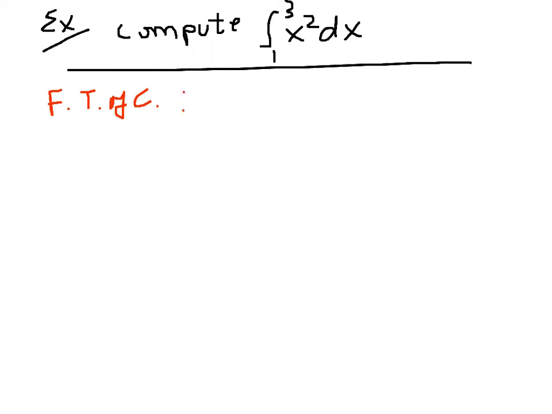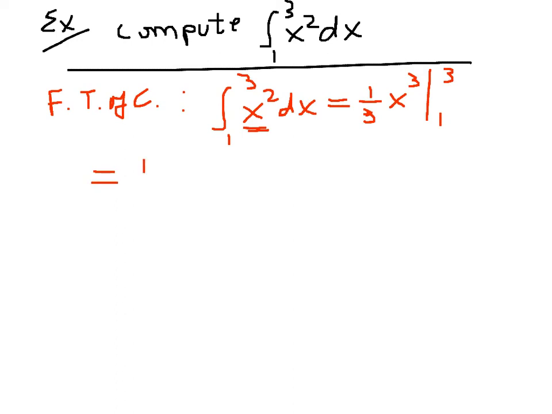And so the fundamental theorem of calculus tells us that this integral, very simply, is just equal to the antiderivative of x squared, which is 1/3 x cubed. And we evaluate it from 1 to 3.